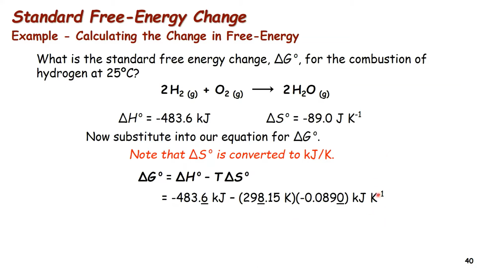So we can see that the Kelvin cancel, and that leaves us kilojoules minus kilojoules, right? Whenever you're adding and subtracting, the units have to be the same. So they cancel, and it gives us negative 457.1 kilojoules. So that is the free energy change for this reaction.